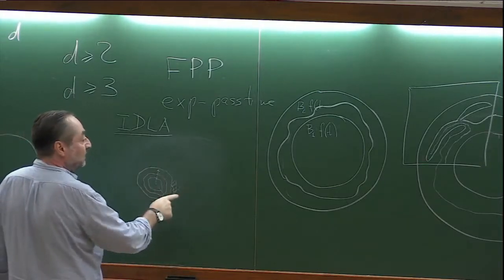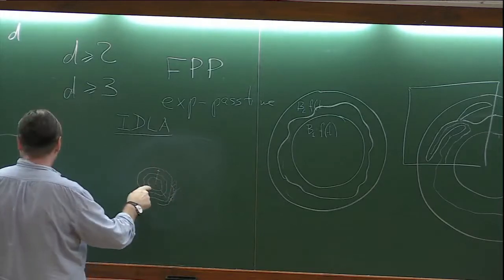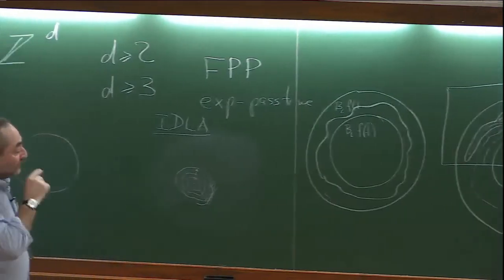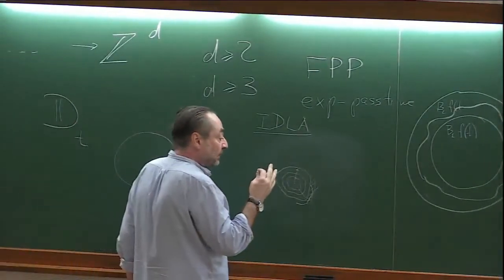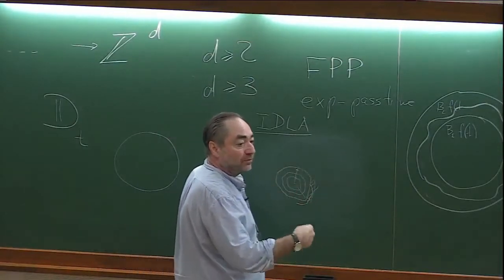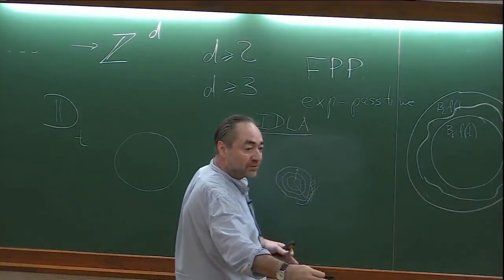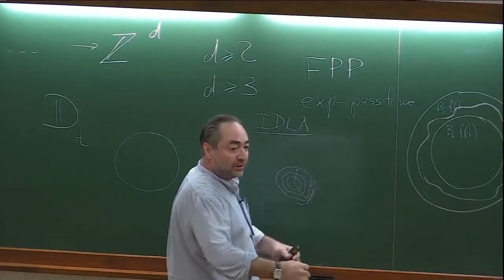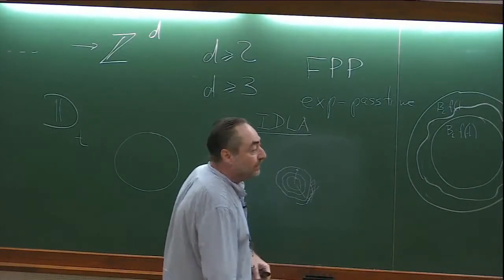But what I want to say is, these are situations when the random walk doesn't affect the growth of the clusters which surround these sets. Okay?